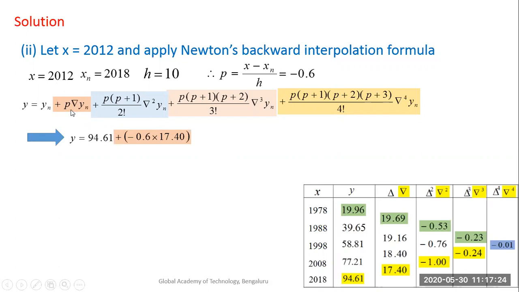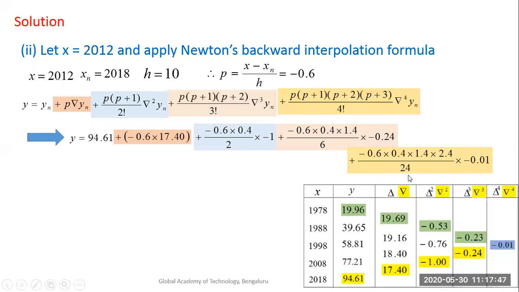So p is minus 0.6 into del yn, which is 17.40. Then minus 0.6 into (minus 0.6 plus 1, that is 0.4) by 2 into del square yn, which is minus 1. Similarly, p(p plus 1)(p plus 2) by 3 factorial, which is 6, del cube yn is minus 0.24. And the last term is p(p plus 1)(p plus 2)(p plus 3), where minus 0.6 plus 3 is 2.4, by 24, 4 factorial is 24, into minus 0.01, del power 4 yn.